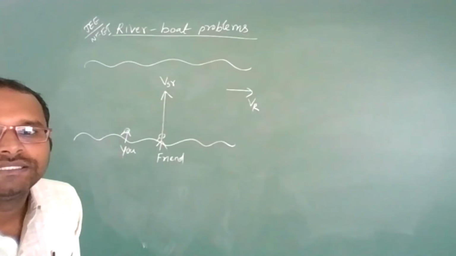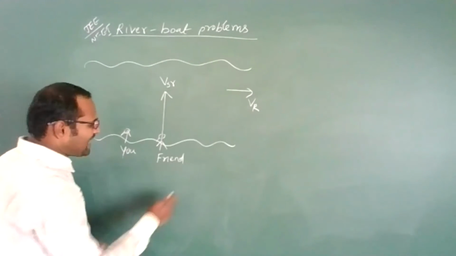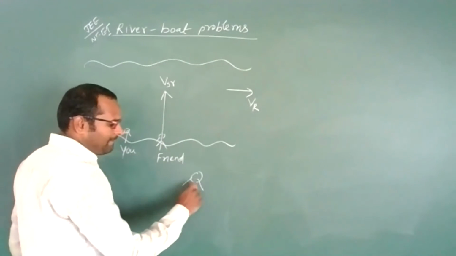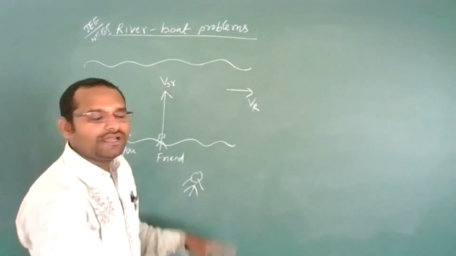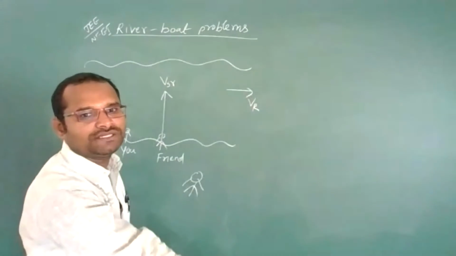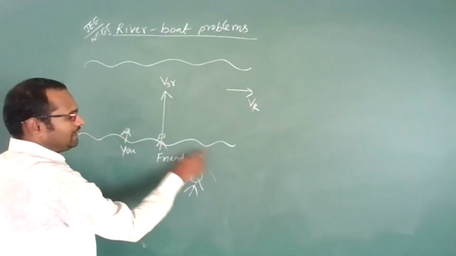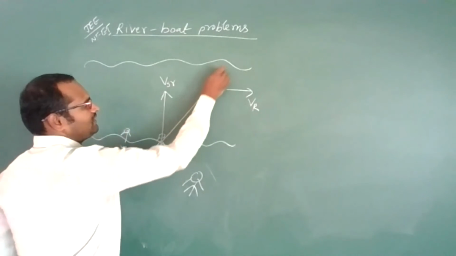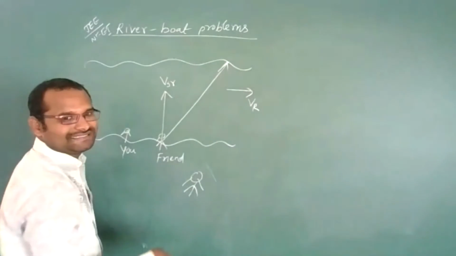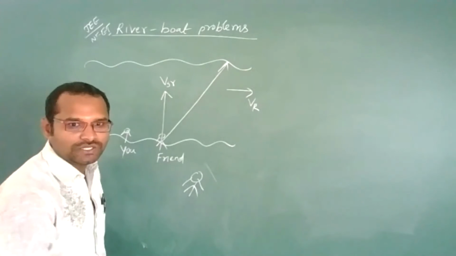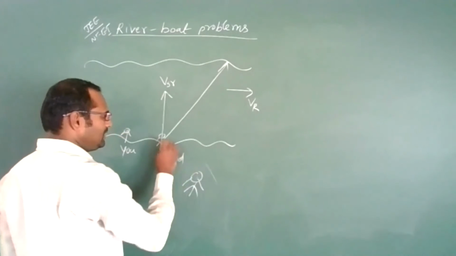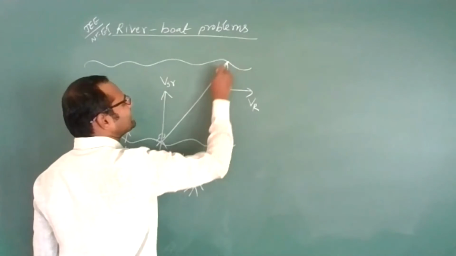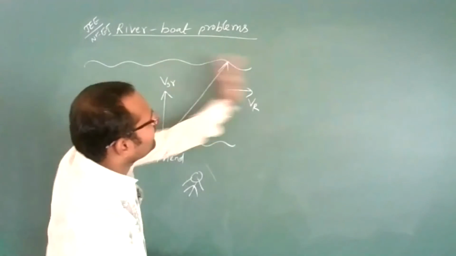Now, got it? But if you stand here at the bank of the river, outside the river, and observe that person who is swimming, he appears to be moving like this. Yes or no? Yes, because the river flow is there.